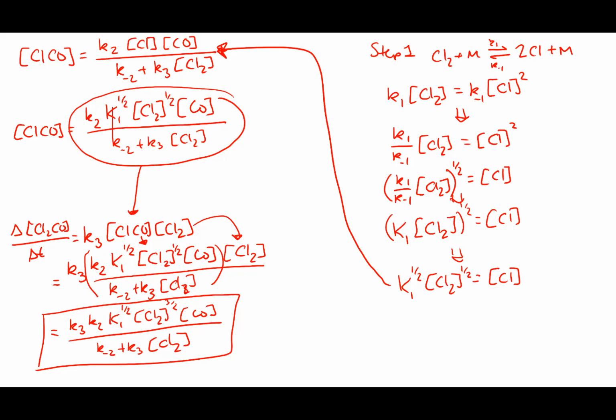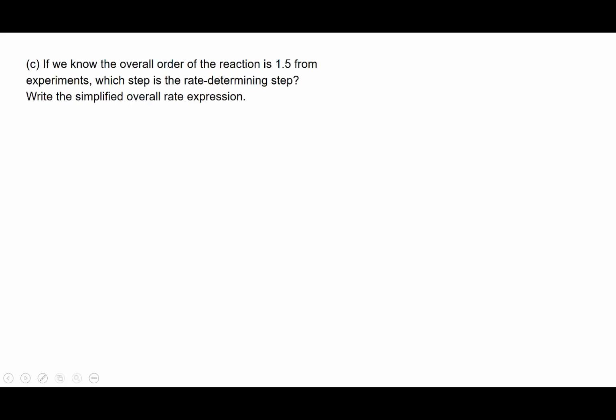The next thing, part C, jumping ahead here, asks: if we know the overall order of the reaction is 1.5 from experiments, which step is the rate determining step? Write the simplified overall rate expression.